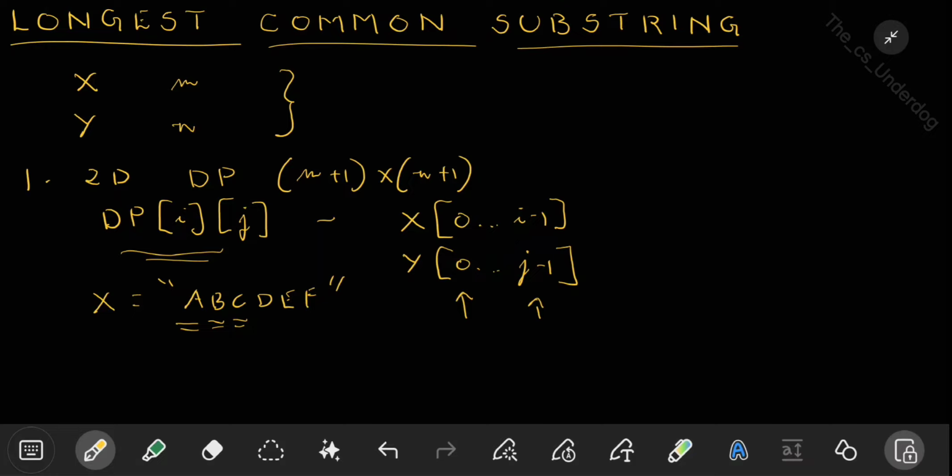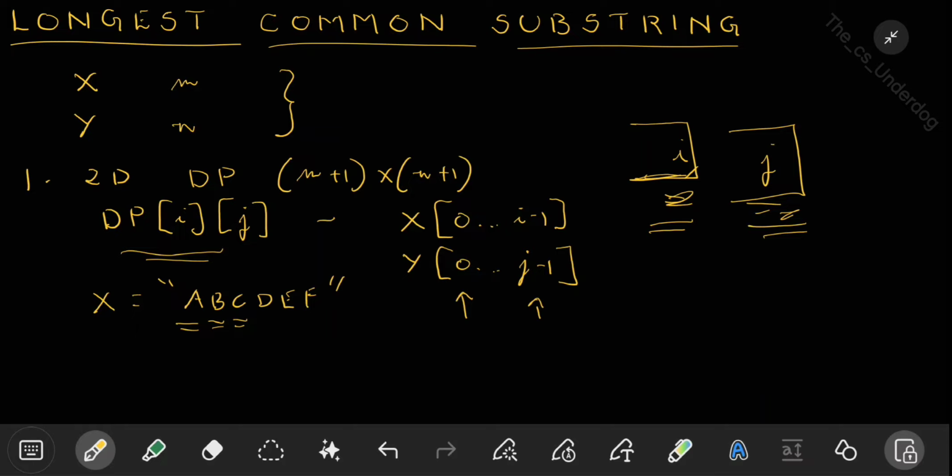At this point, you have to consider that you have only seen those letters which are till this point. In x, you have only seen till the ith letter, and in y, you have only seen till the jth letter. So considering only these many letters, in case the ith letter and jth letter are part of the substring, then what is the largest substring possible?